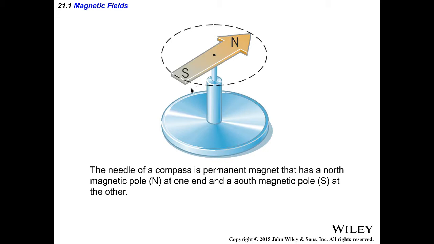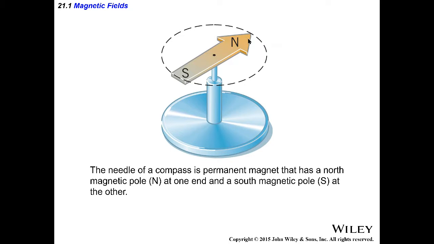But in the old days, it was very important to have a compass, because otherwise you wouldn't know where to go. And the reason a compass is important for us is because the Earth is also a magnet.